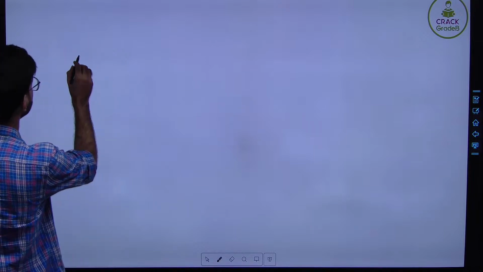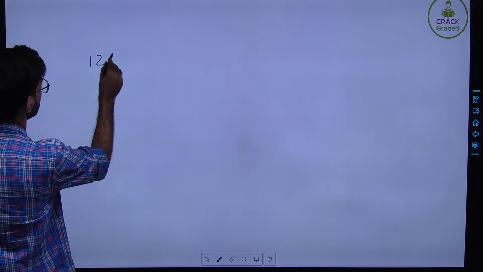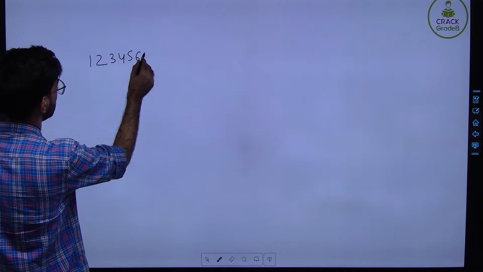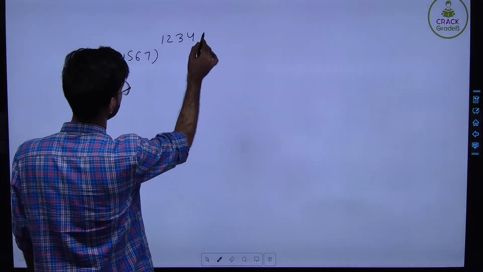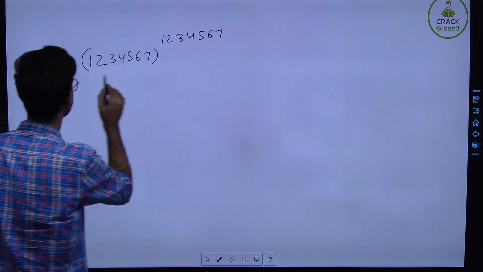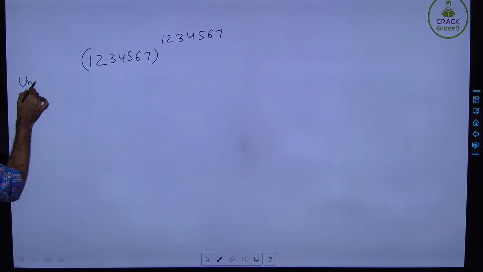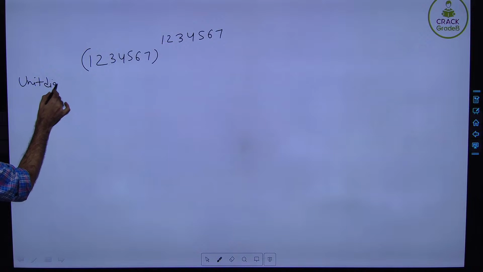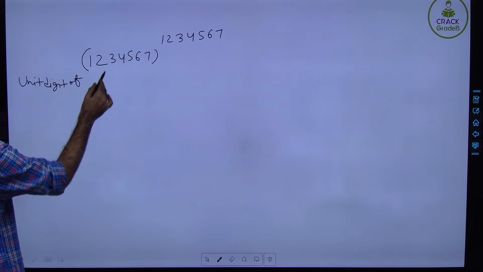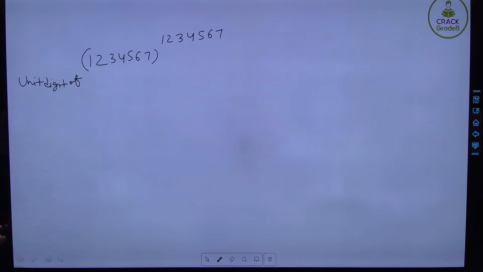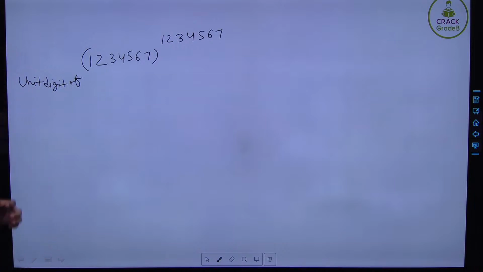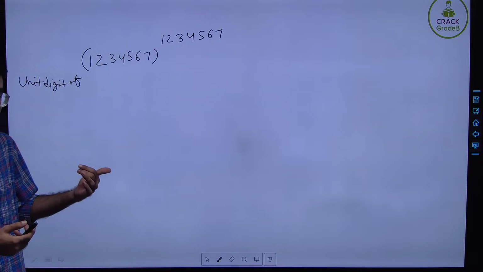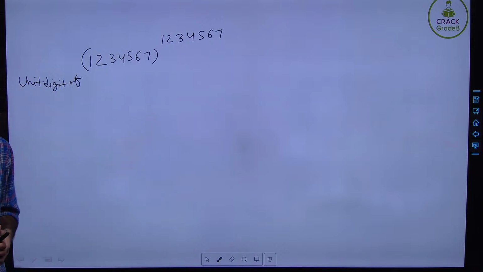Now try to answer a simple question. You have to answer the unit digit of 1234567 to the power 1234567. It is not a difficult question, it is a lengthier question.